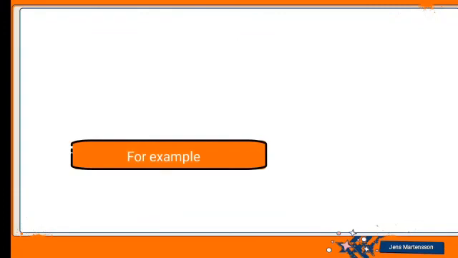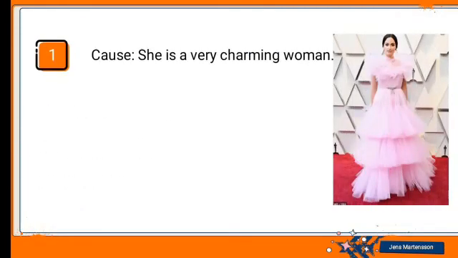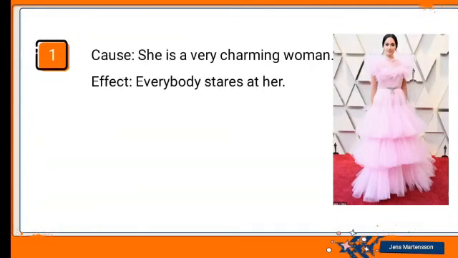For example, now pay attention, the following sentences are examples of such. Grammar: such, blah blah blah, that encloses article a or an plus adjective plus noun plus that. She is a very charming woman. This sentence is cause. Everybody stares at her.